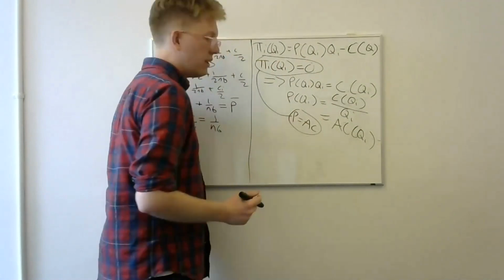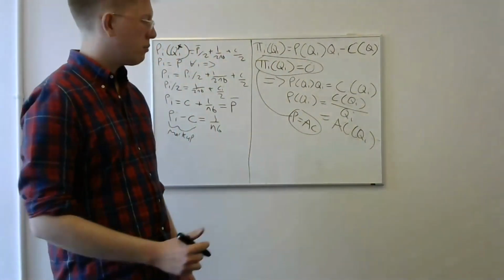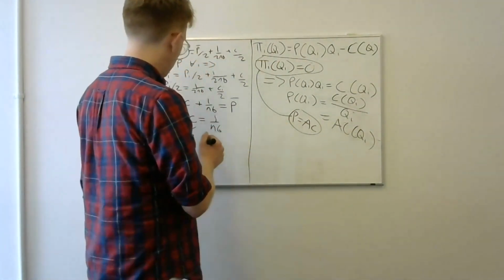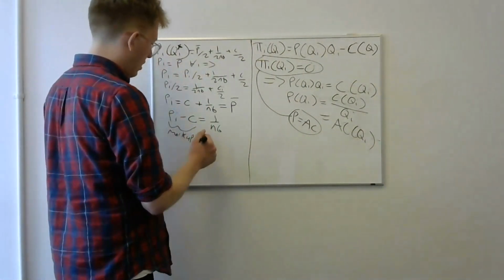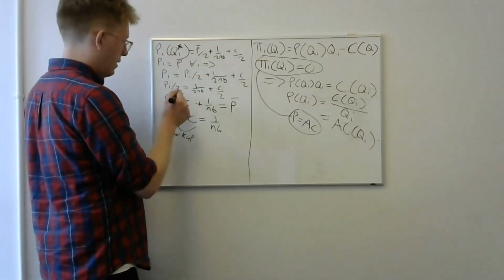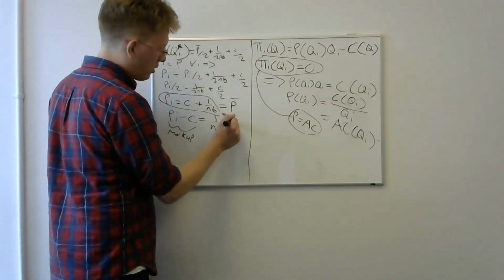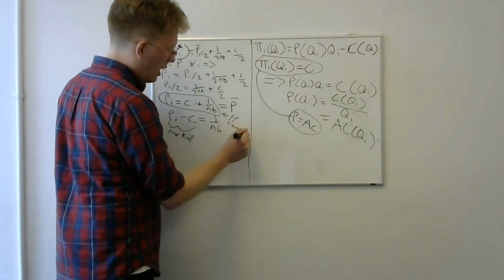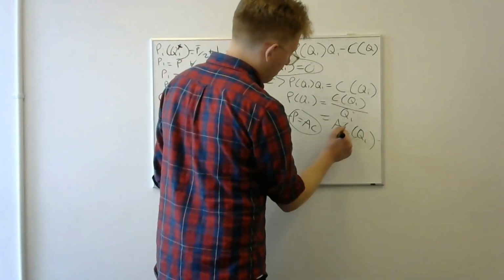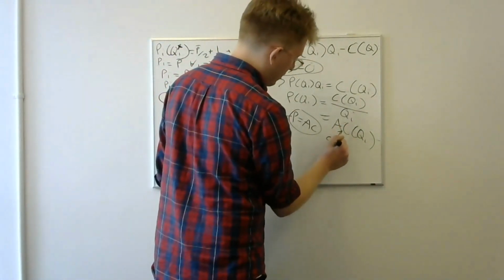In this model, we're going to call price, what this term is here, the PP curve. And we're going to call AC the CC curve.